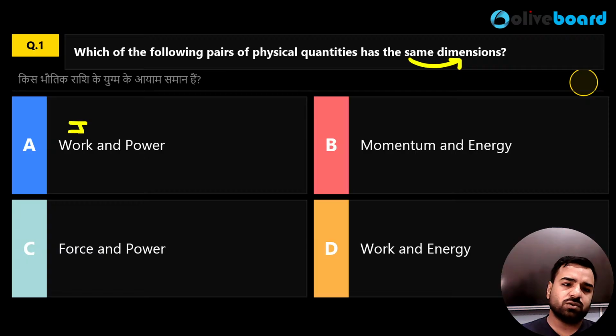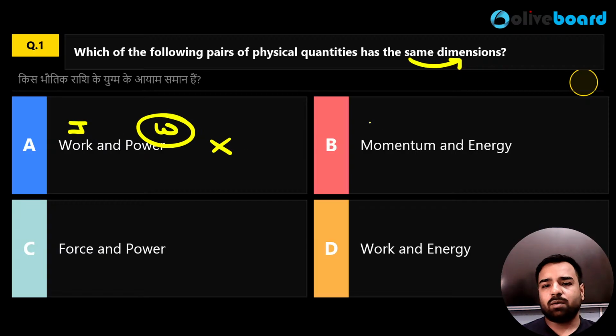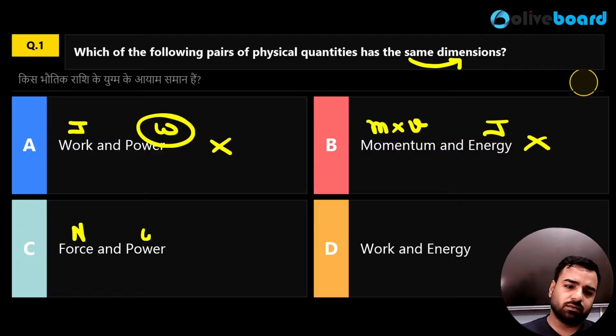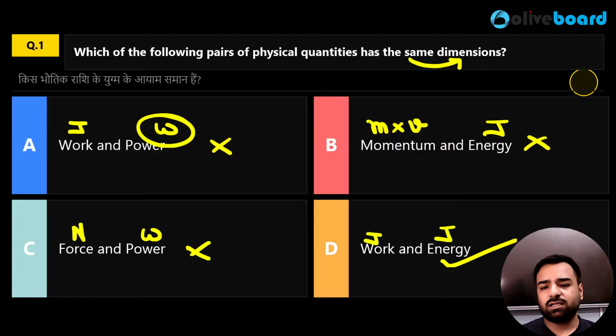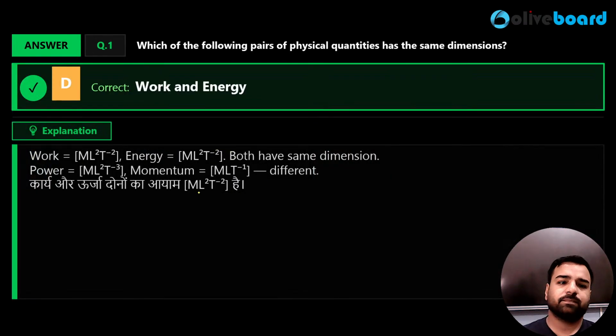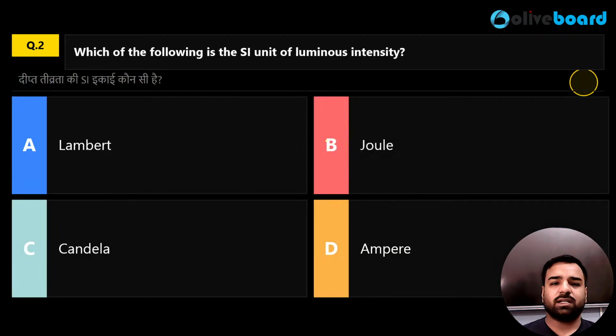Work has the unit joule, but power is watt or joule per second, so no. Momentum is mass into velocity, again no. Newton and watt, again no. But both are going to have the same unit, so obviously they will have the same dimension. So all of you who are going with option D, power, you all are correct. Mass, energy, and work both have the same dimension. You have already calculated this: ML²T⁻².